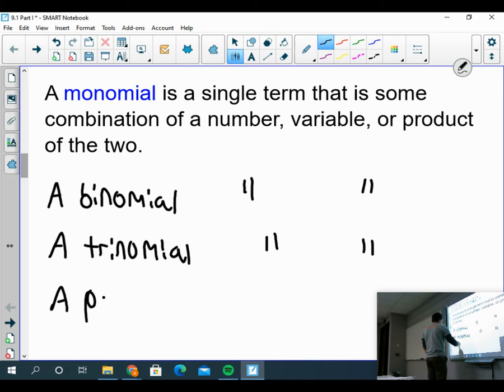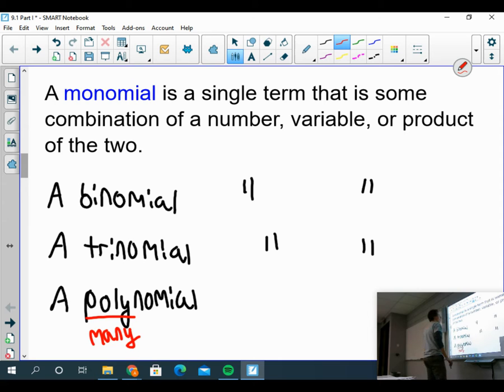A polynomial, you might not know what the prefix poly means, many, will have, well, many terms. Again, same idea: some combination of numbers, variables, or products of the two, but what changes, depending on our prefix, is the number of terms.